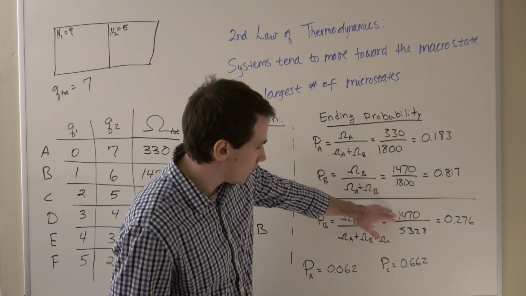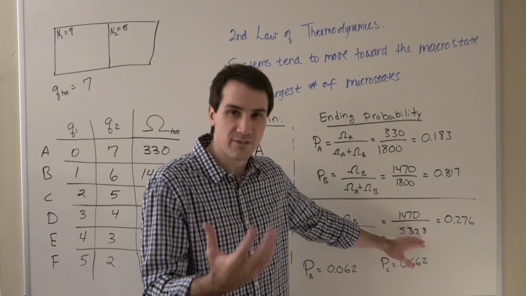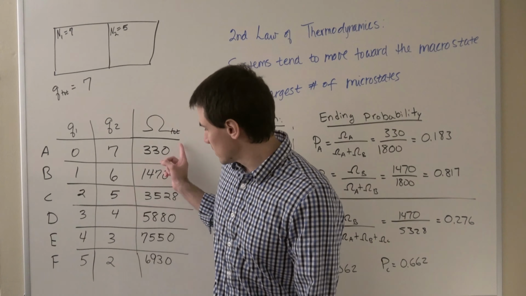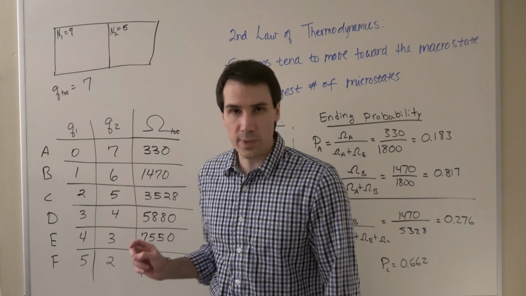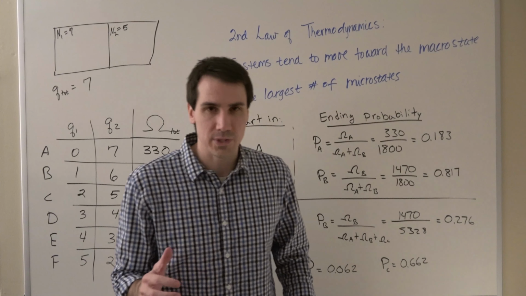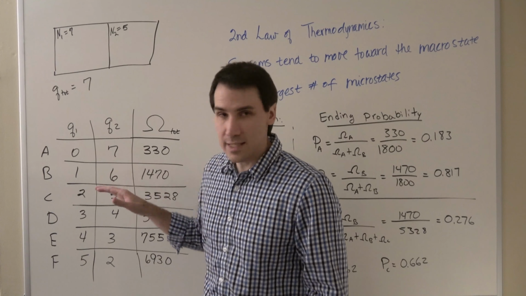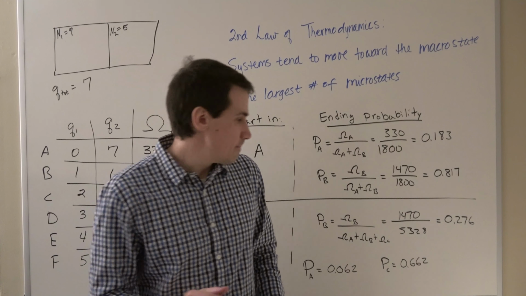This leads to 1,470 microstates in state B. Our total available microstates is just the sum of these three, which is 5328, and we get about a 28% chance that we take a step and we stay in state B.